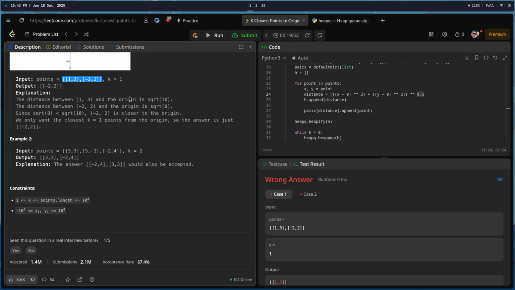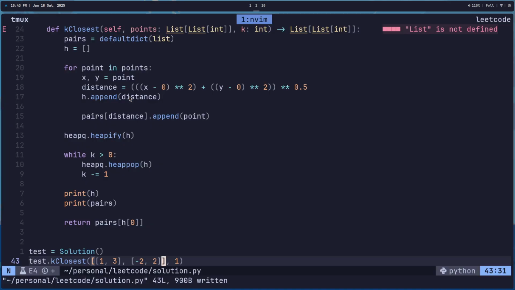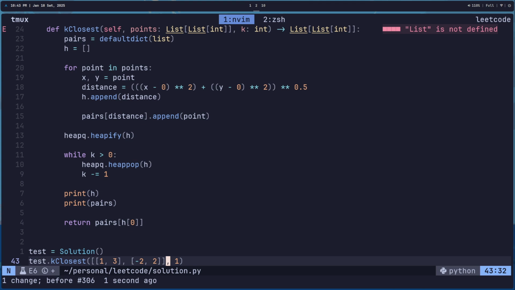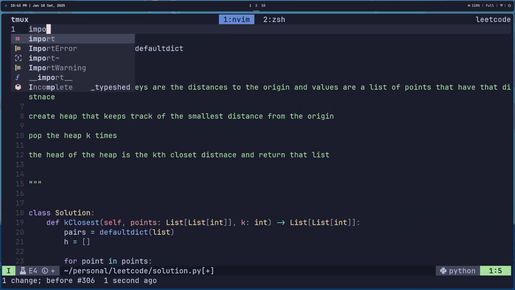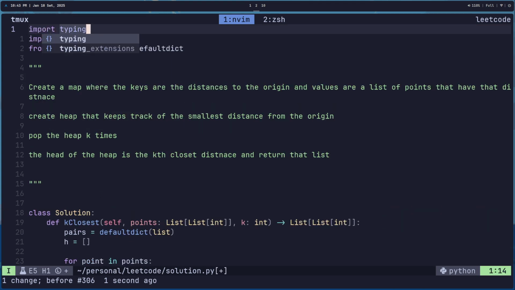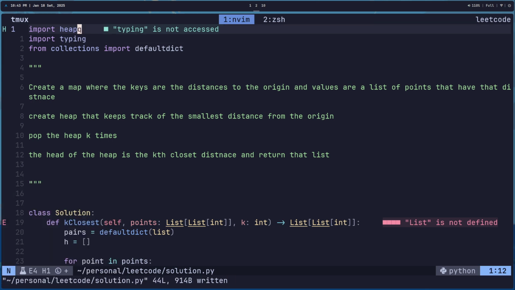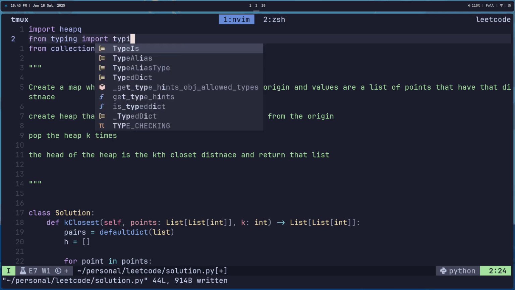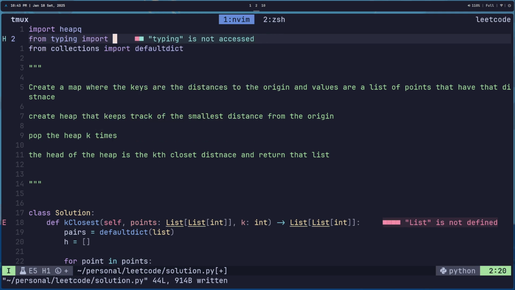And then what else do I need to do? I can just run it, right? Man, do I need to import the typing? From typing import list.